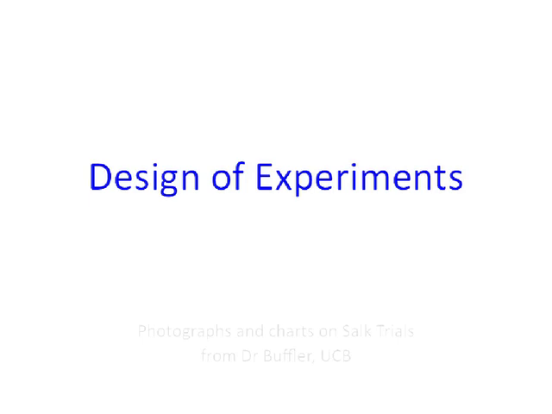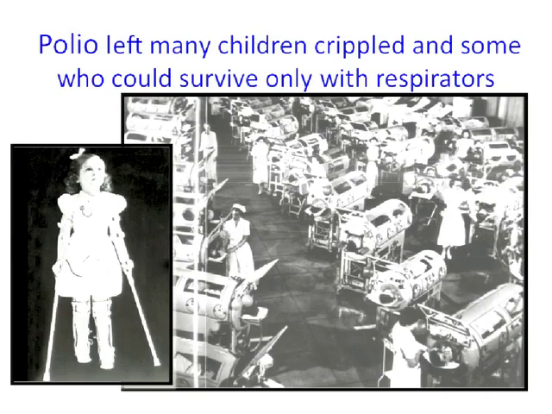Okay, so this is about polio. And the first cases of polio were in the early 1900s, the 19-teens. Polio affected children the greatest, young children in first through third grades.